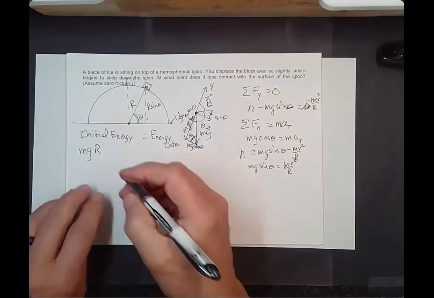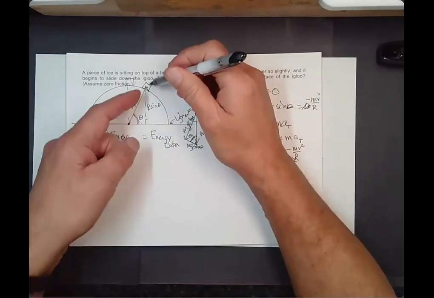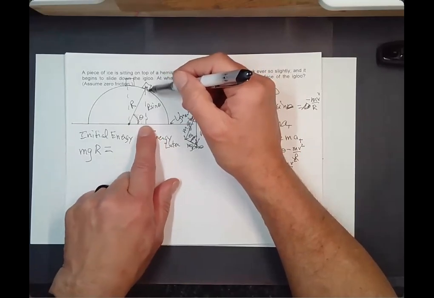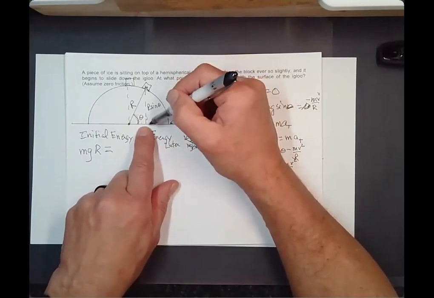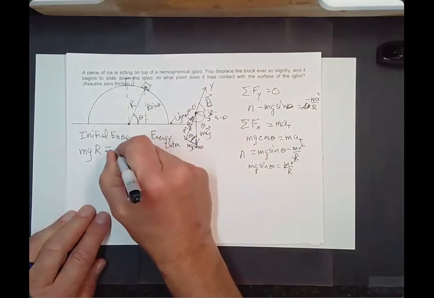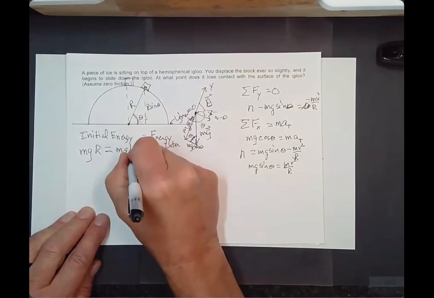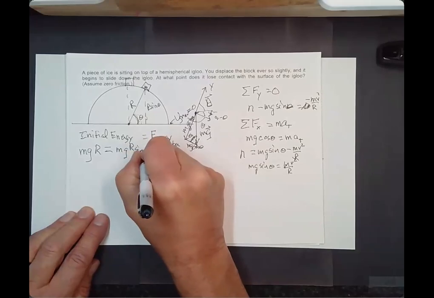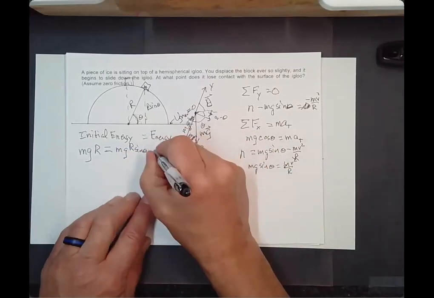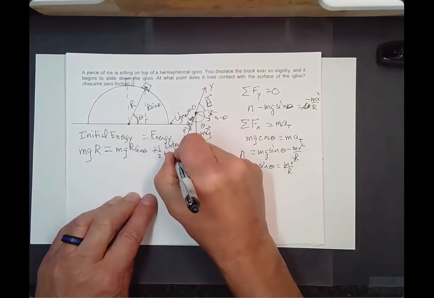Well, what happens to that energy later? As it slides down, it loses gravitational potential energy, and this will be its height at a later time. It's going to still have some gravitational potential energy, mgR sine theta, but it's also going to have some kinetic energy now, and we'll just call that 1/2 mv squared.